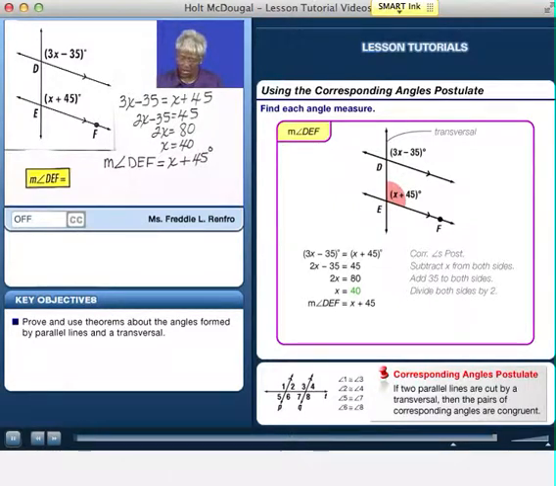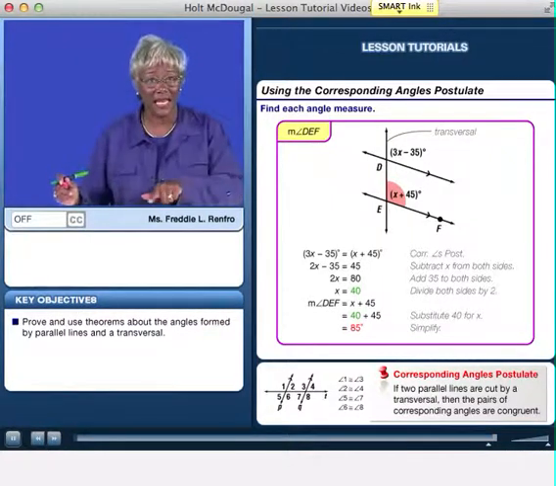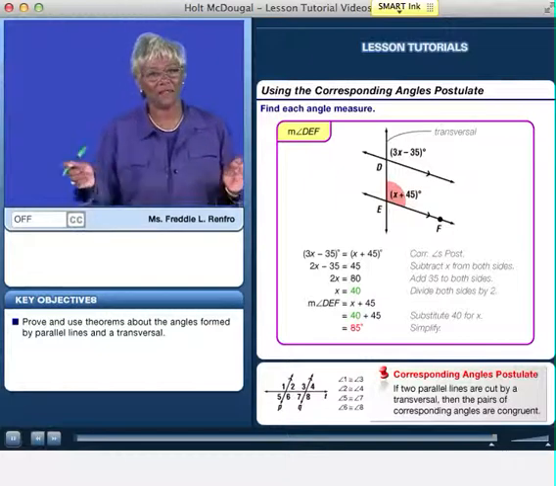But we just solved for x, and I'm going to substitute 40 for x, and add 40 and 45 is 85 degrees. So I have found the measure of angle DEF to equal 85 degrees.